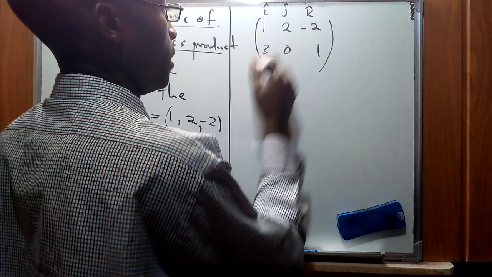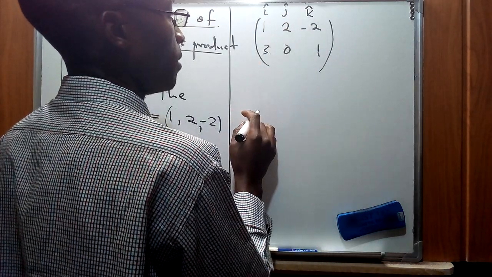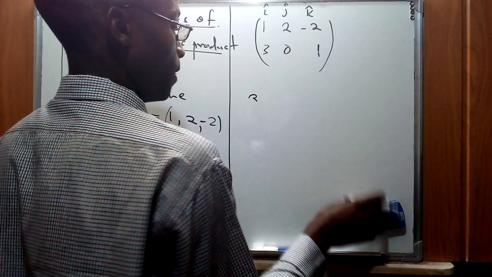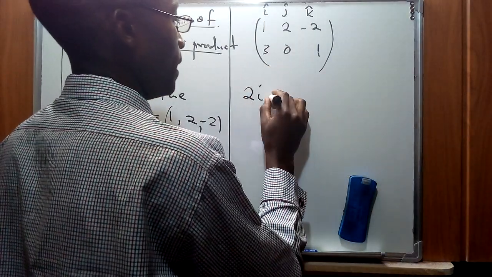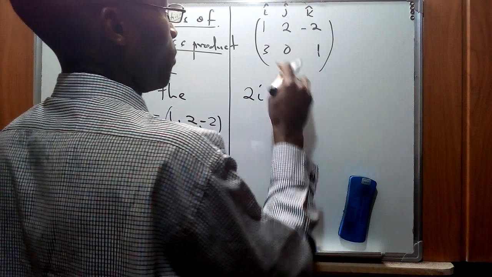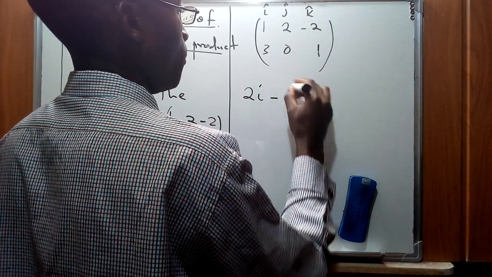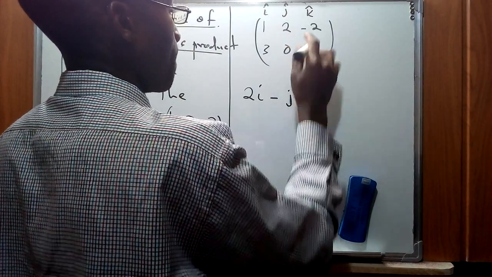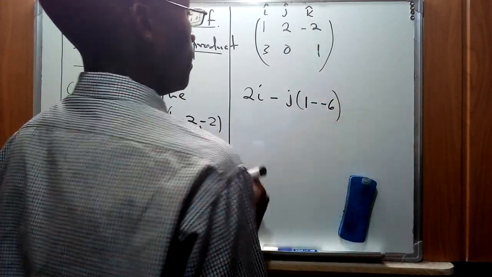To find the determinant, for the i component we take 2 times 1, that is 2, minus 0, so the i component is 2i. Then minus, for the j component, we take 1 minus 6, which gives a positive 7j after the negative sign.